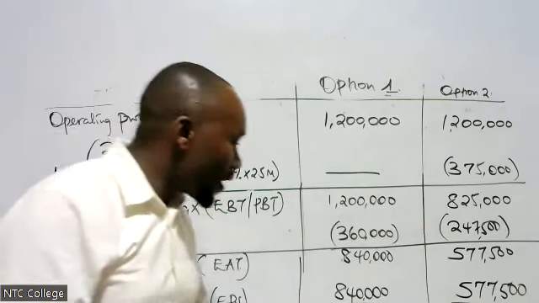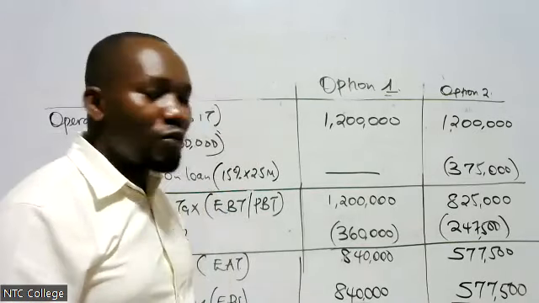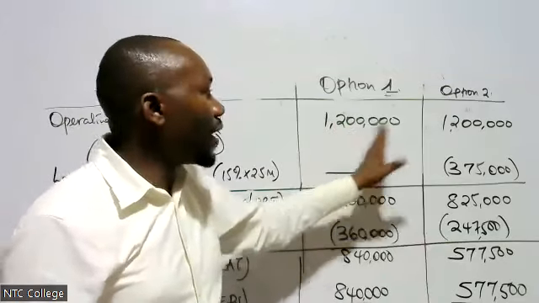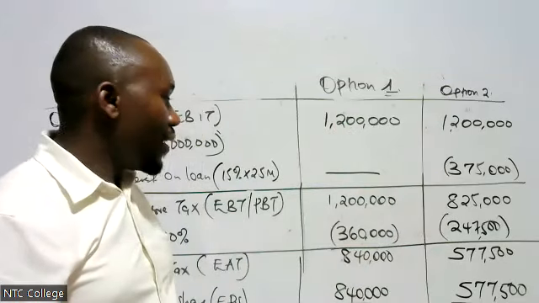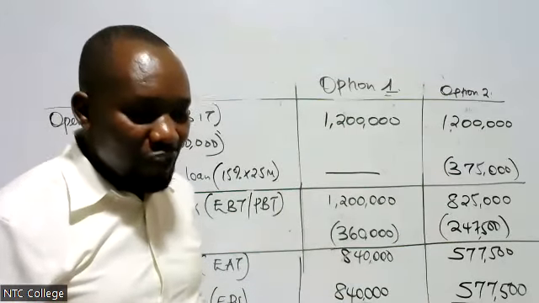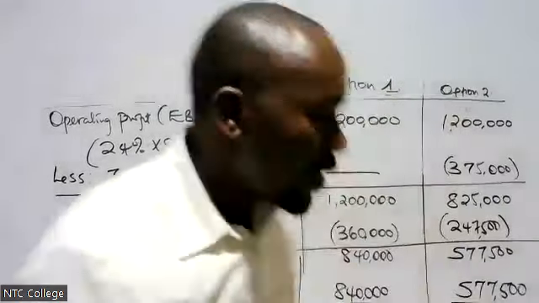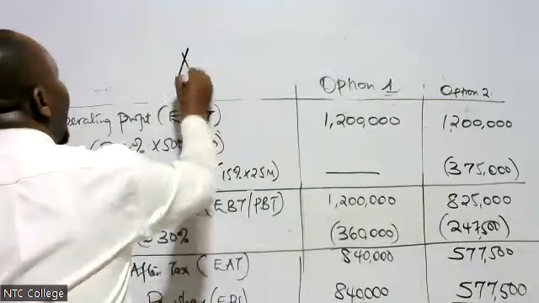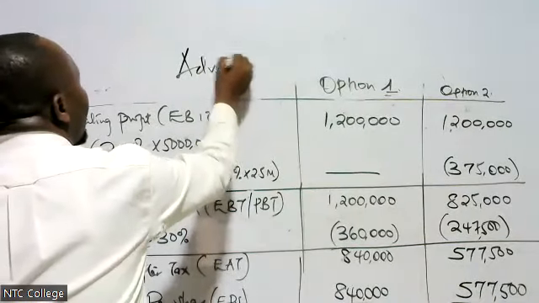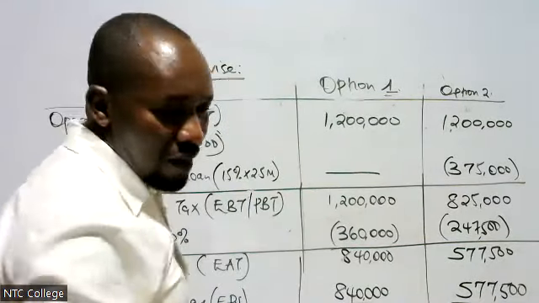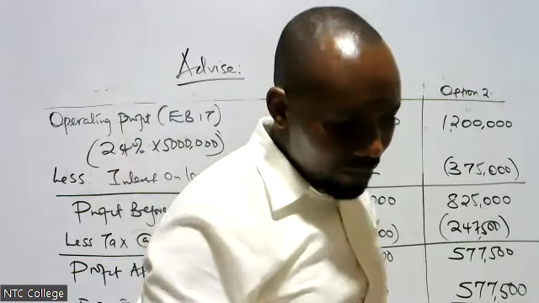So we have looked at the implication, through the EPS, of option 1 and 2 on the shares, and now you advise the management. So you write like this: Advice.